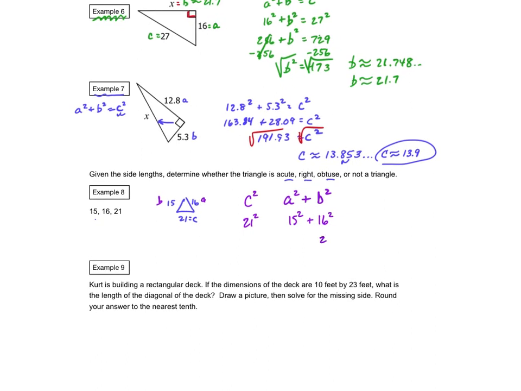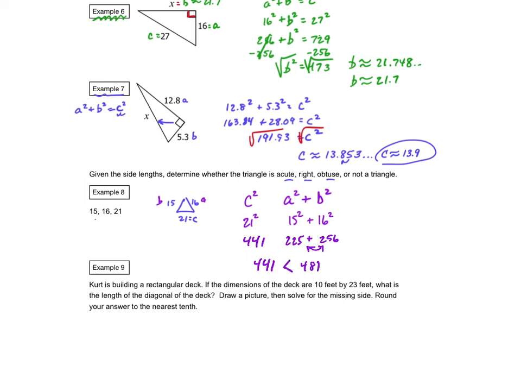And we figured out this is 256 plus 15 squared is 225, and then 21 squared, I hate that I just put that in the calculator, is going to be 441. So 441, and then these two add up right here to 481.